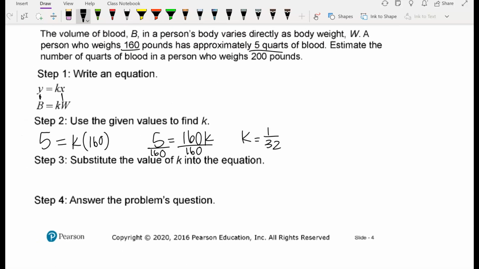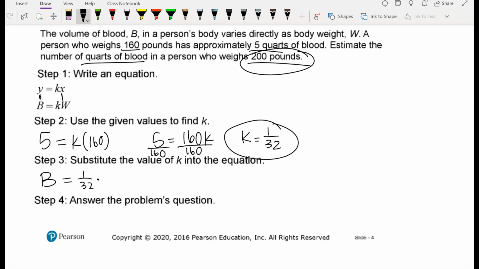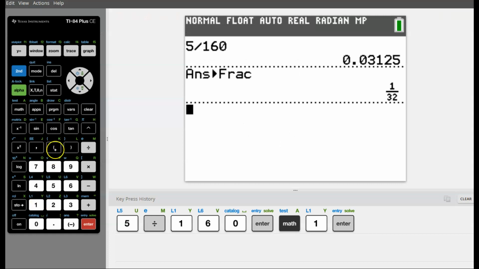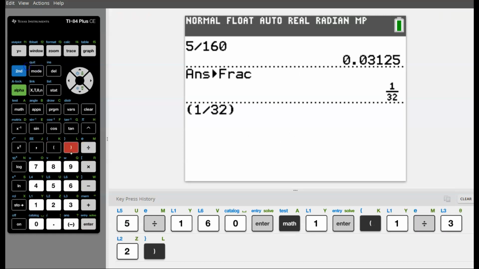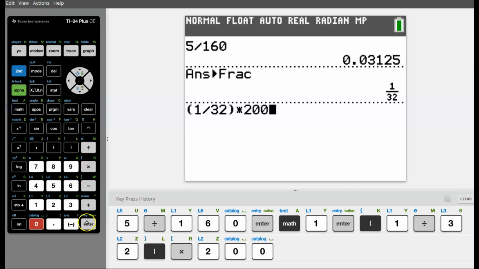Now, to find what it is for 200 pounds, we want to find the quarts of blood. So we don't know what B is. Then we substitute k and the 200. So 1 over 32 times 200. So B is going to equal 1 divided by 32 times 200, and we get 6.25.